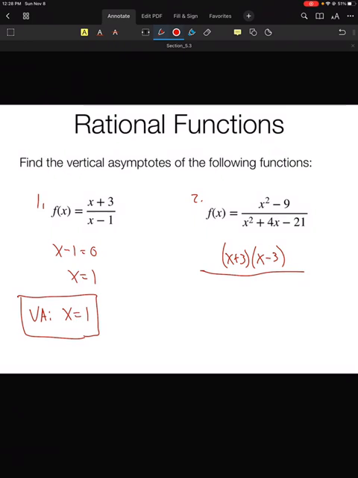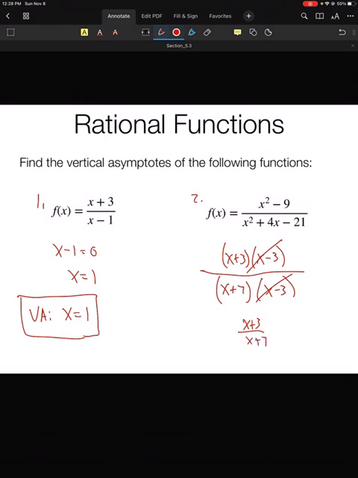And it turns out that x squared plus 4x minus 21 can be factored into x plus 7 and x minus 3. 7 plus negative 3 is 4, and 7 times negative 3 is negative 21. And so that's where I get that. And thus, I get some cancellation here. The x minus 3's sort of go away. And what I'm left with is x plus 3 over x plus 7.